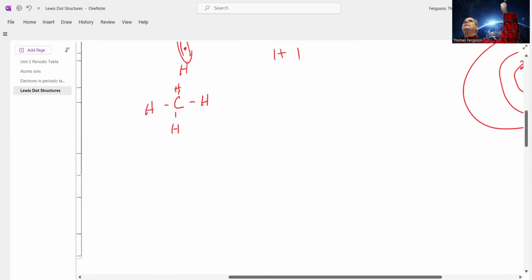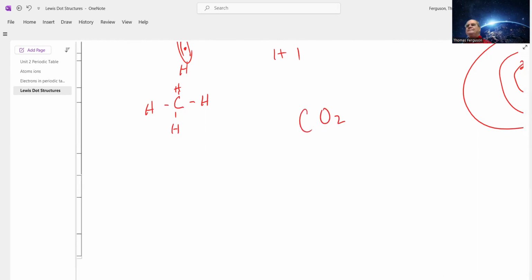Oh, I know which one. Carbon dioxide. By the way, on your dry lab, I think they want you to do carbon monoxide. Change it to carbon dioxide.